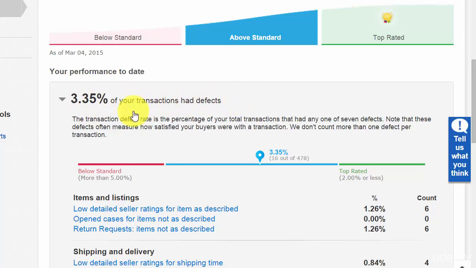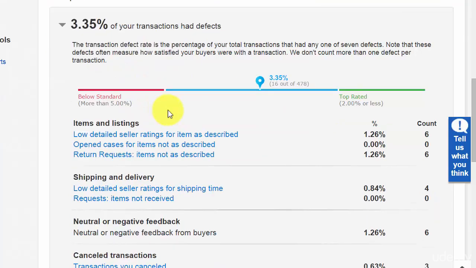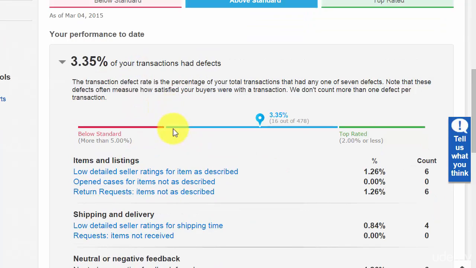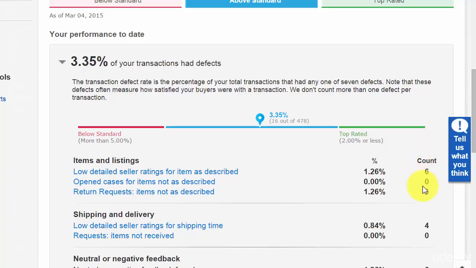This is your percentage of your total transactions that had a defect in those 4 categories I mentioned. When a customer leaves you a review with 1, 2, or 3 stars in those categories, you receive a count toward a defect.